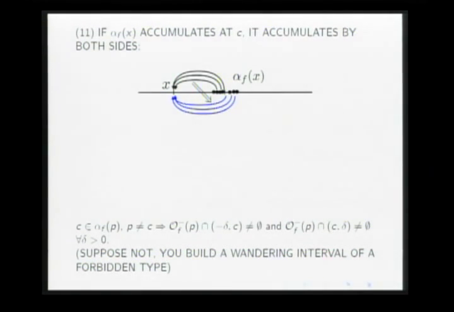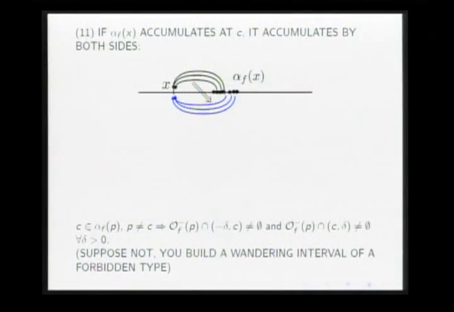Another thing we can observe is that if you have a point x, and you look at the omega set of this point, and it accumulates by the left side of the critical point here, you can prove that the alpha limit has to accumulate also by the right side.